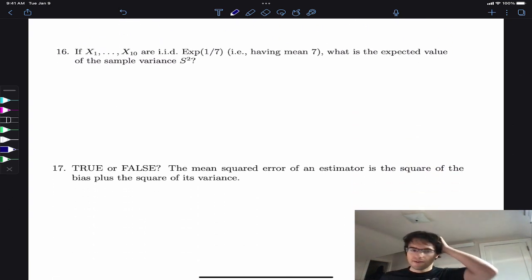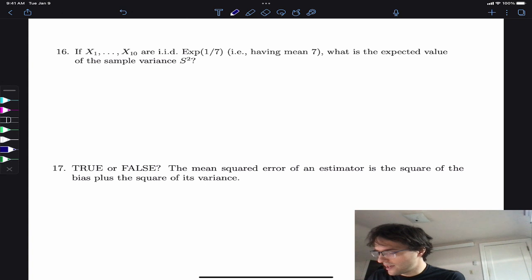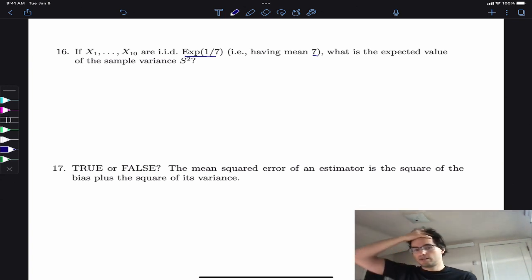Question 16. If x1 all the way up to x10, so you have 10 of these things, are IID exponential 1/7, i.e. having mean of 7, what is the expected value of the sample variance S squared?